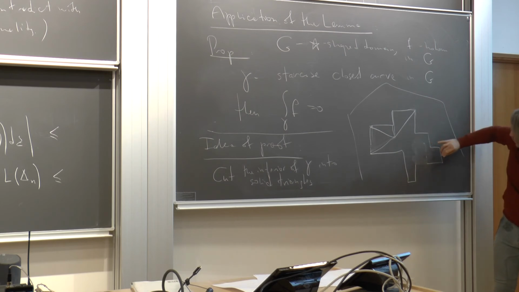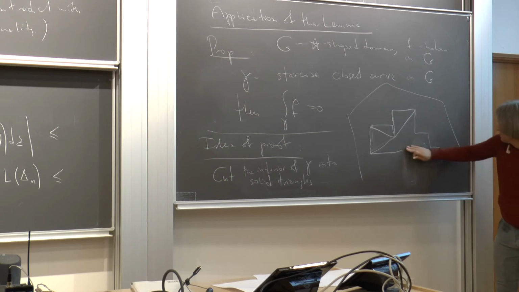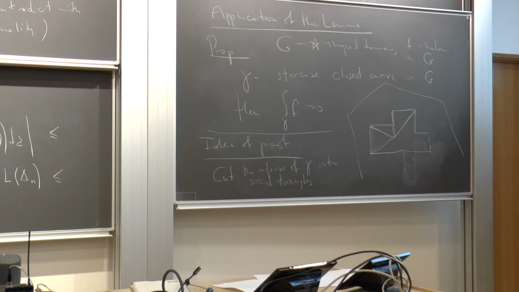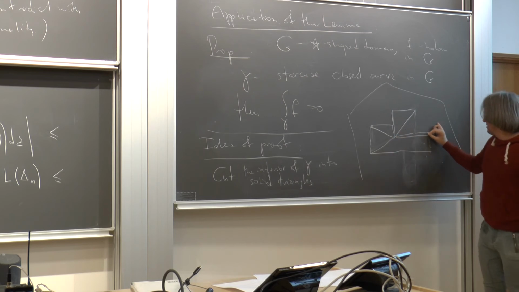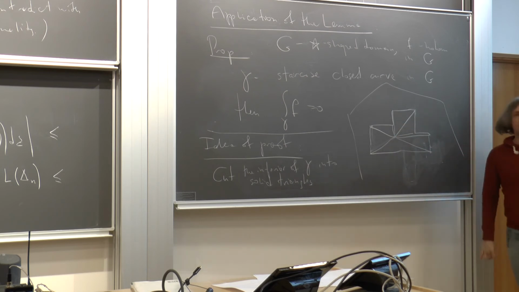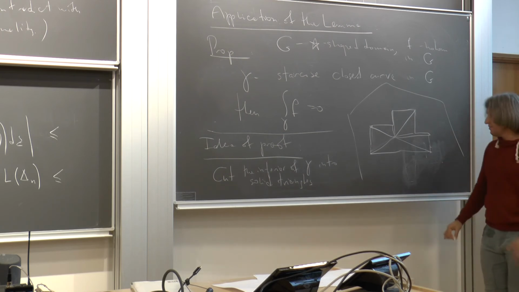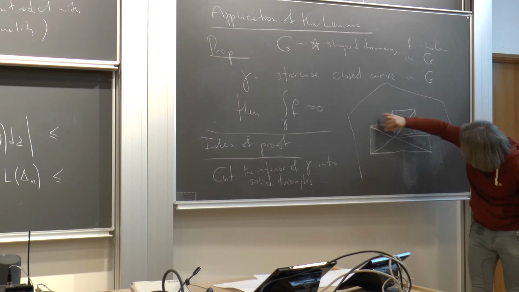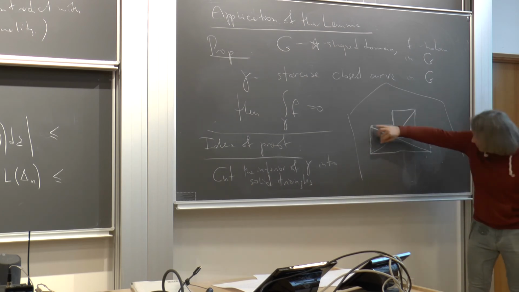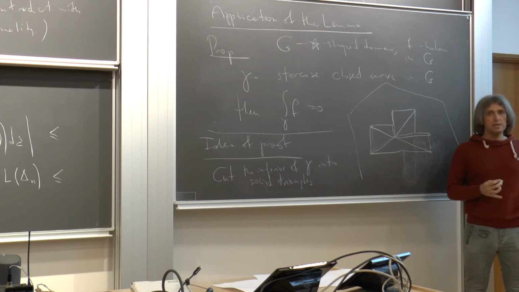So to make it star shaped, I need something like this. Now it's clear. So I cut it into triangles. By the definition of star-shaped, all these sides are inside and the interiors are also inside.